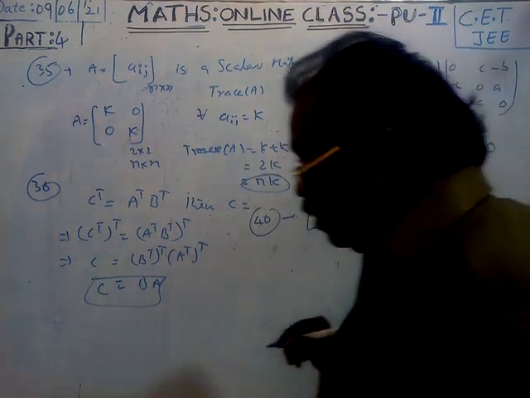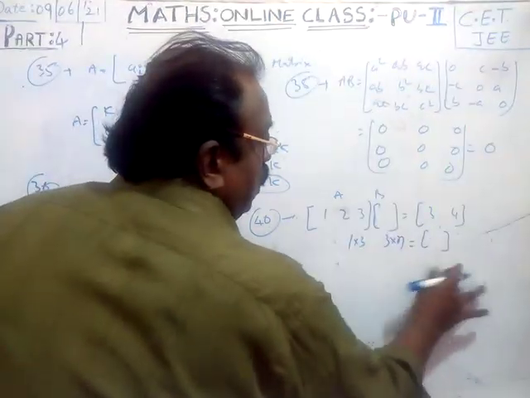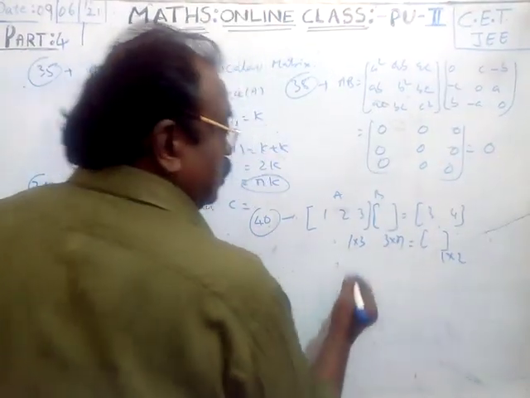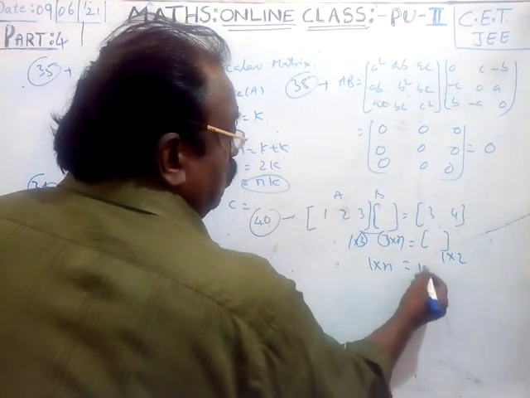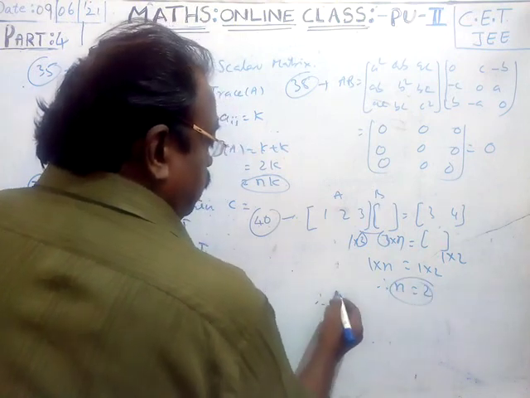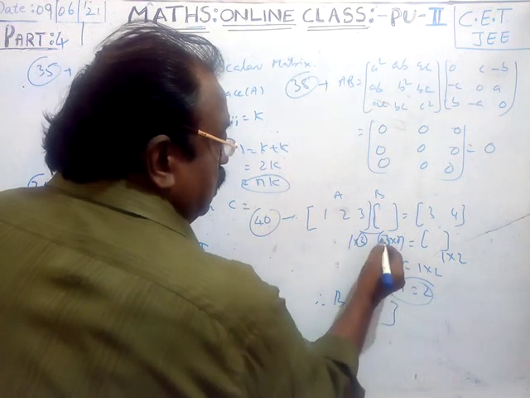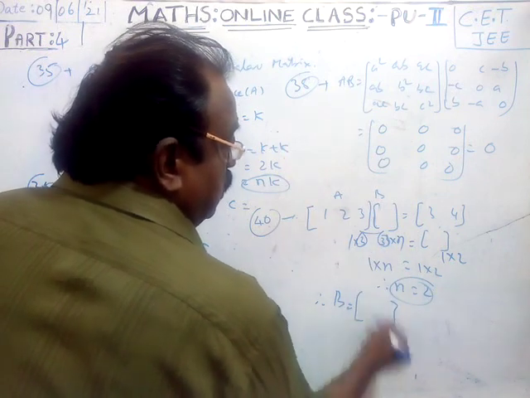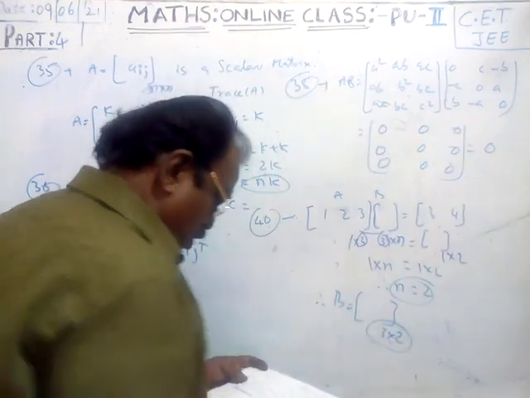Okay? 1 row, 2 columns are there. So here 3 cancels. 1 into n is equal to 1 into 2. Therefore n is equal to 2. Therefore B is a matrix with order 3 by n, where n is equal to 2. So this is the answer. Okay?